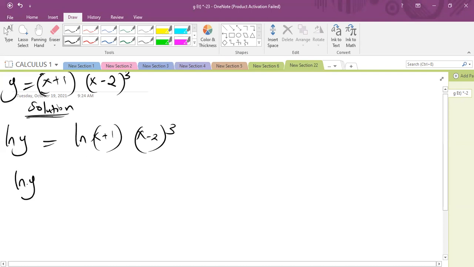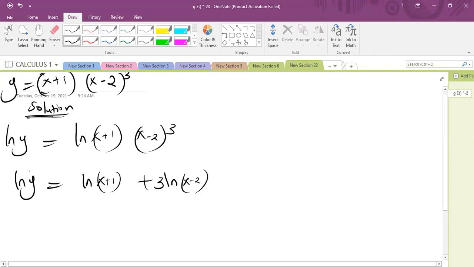So I will have ln y equal to ln x plus 1 plus ln x minus 2 cubed. But you know that this cubed here is the same as me writing a 3 there. Then I can now go ahead and differentiate, because now I've already simplified.